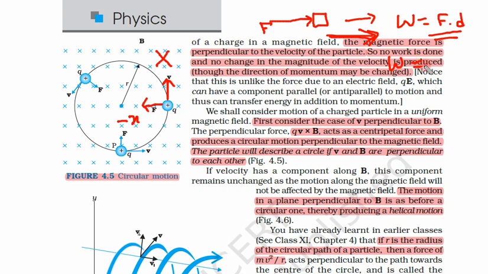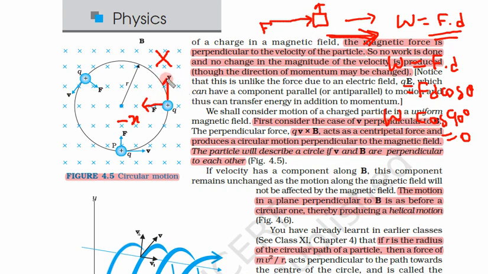Why? Because W is F dot D, and the formula was F D cos theta. If the motion is perpendicular, then cos 90 is 0. If the force and the motion are perpendicular, then work done is 0.